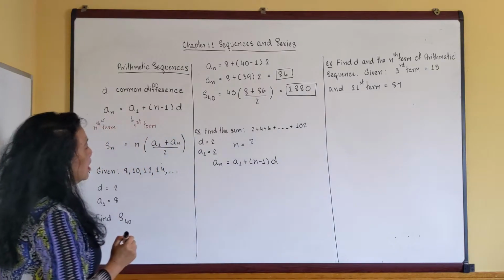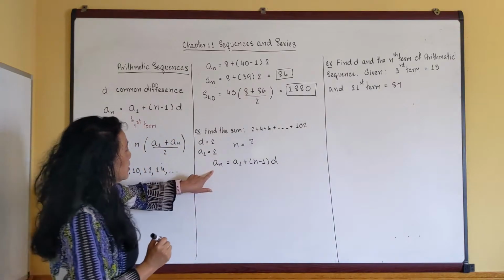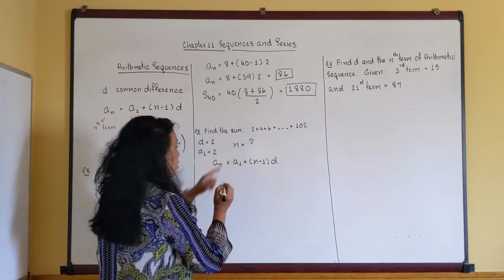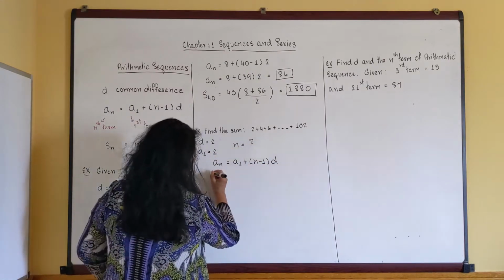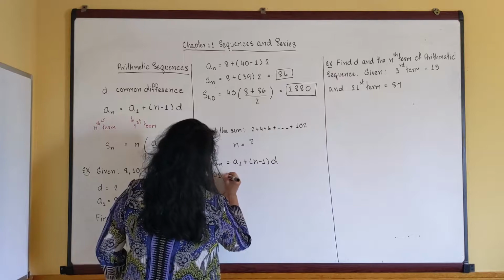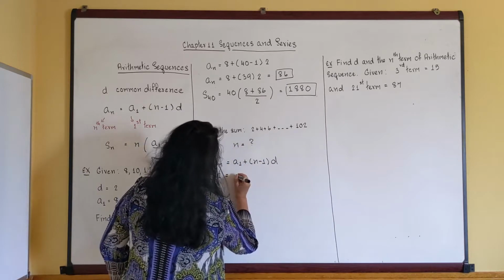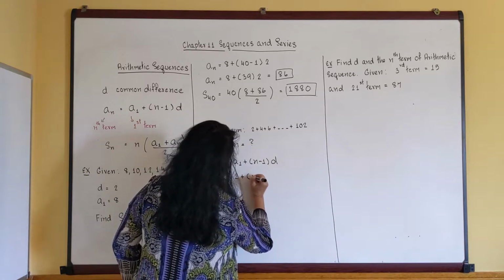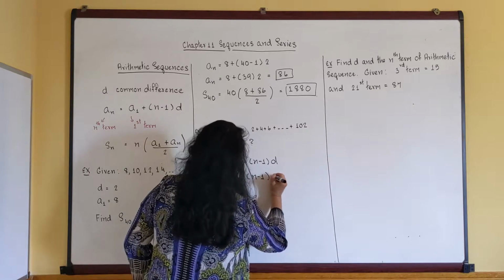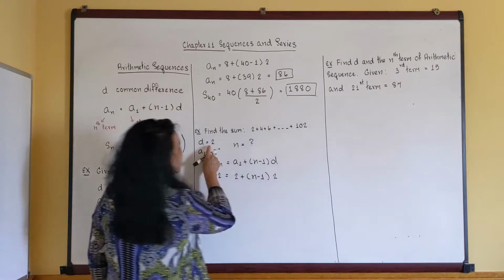My a sub n here is 102. My a sub 1 is 2. I don't know what my n is, but I know my d is 2.